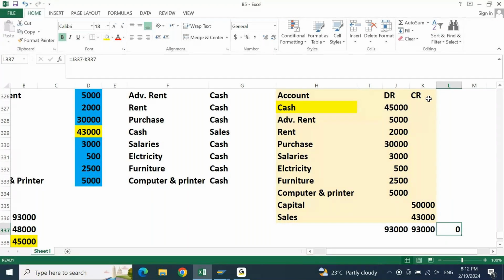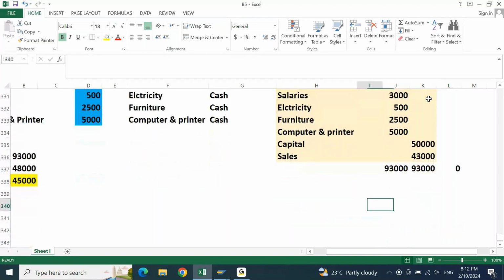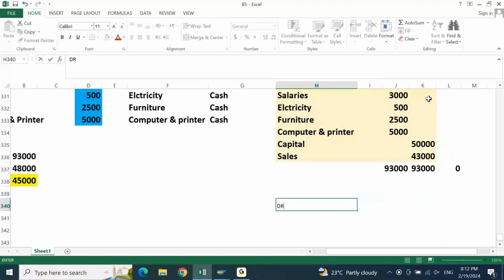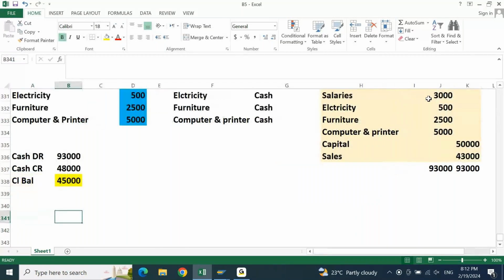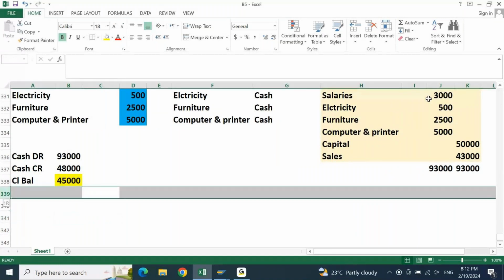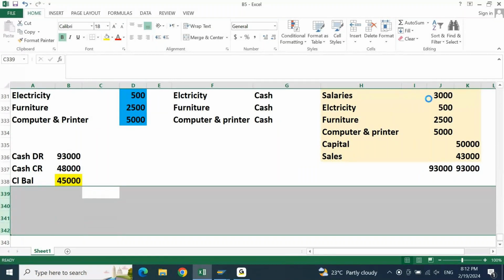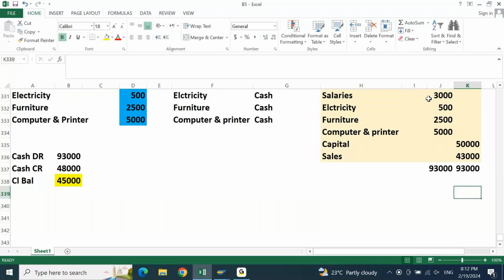In our example, debit is 93,000, and it will be a positive number.